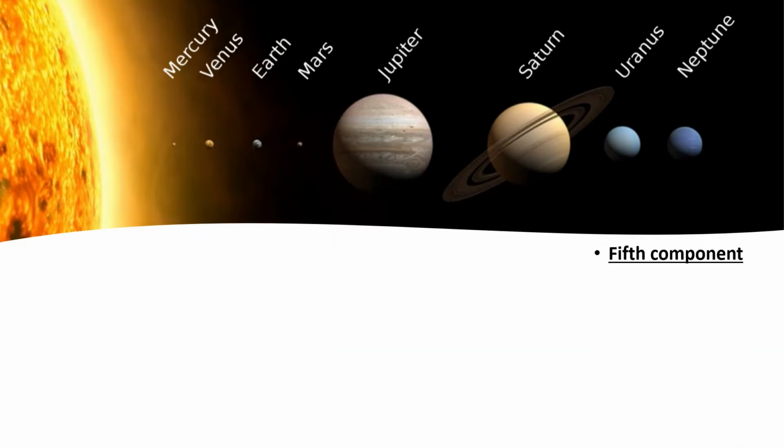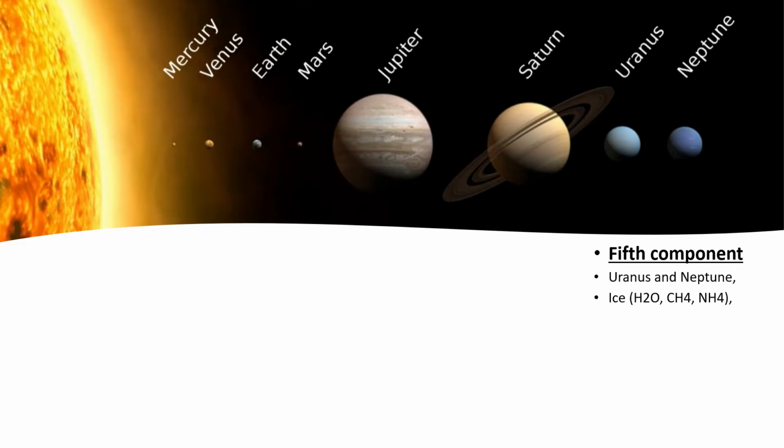The fifth component of the solar system is the last two planets of our solar system, which are Uranus and Neptune. These two planets are composed mainly of ice, which is H2O, and methane, and also ammonium.